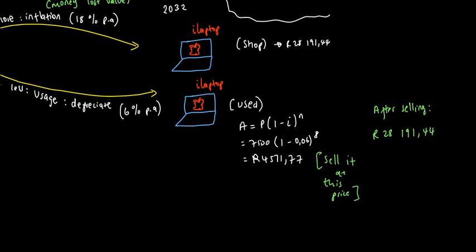28,191.44 minus the one you sold it at. So the balance, or rather the answer there, 28,191.44 minus the answer, you get yourself 23. So this is the money you are still left with so that you can buy that laptop. Because of this shortage, we call it a shortfall.